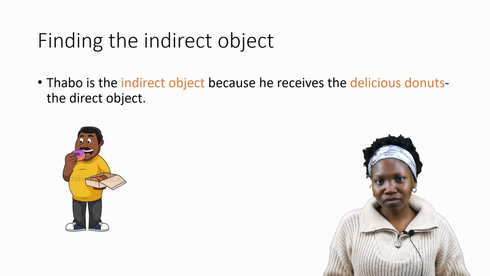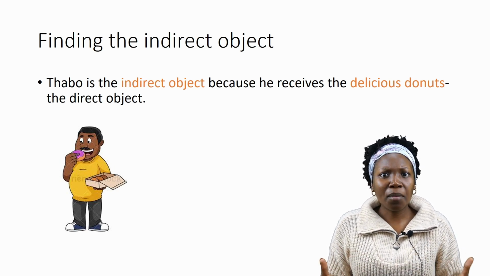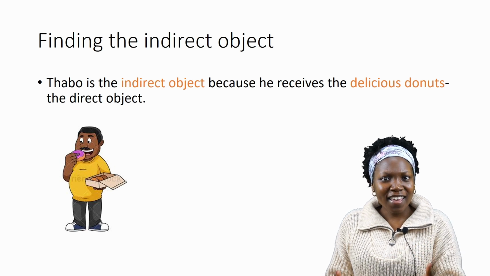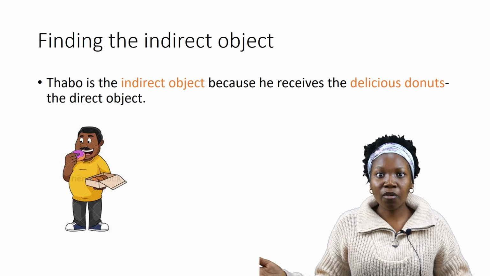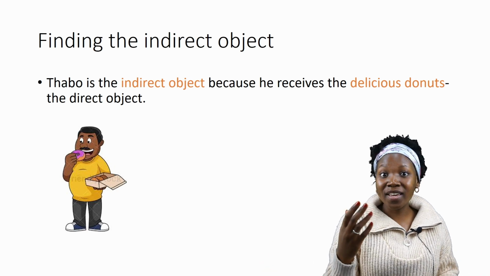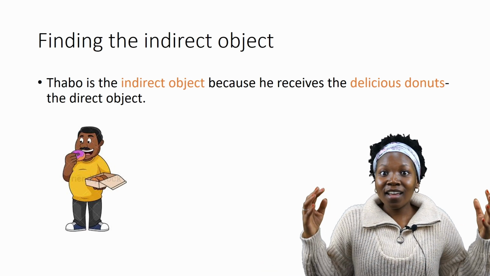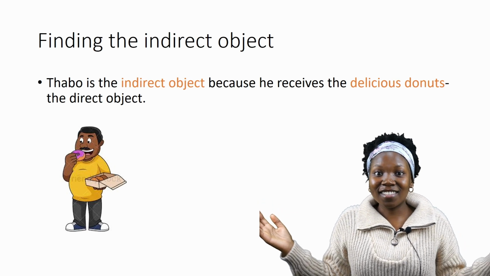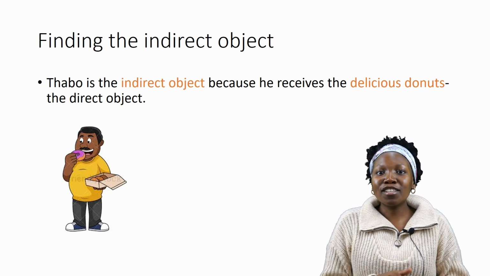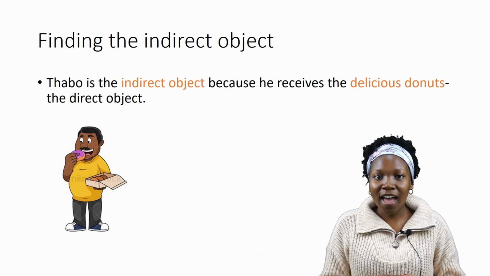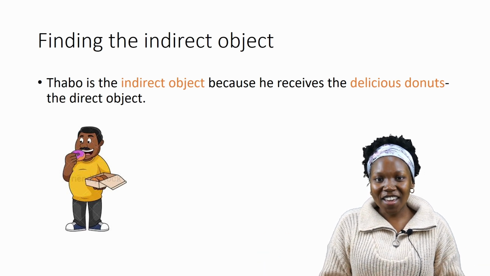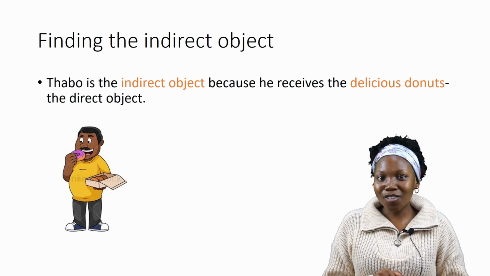Now, what did I write to the mayor? Yes, there is a verb there. It is wrote, right? But what did I write? It could be an email, it could be a letter, it could be... The list is endless, okay? But that thing is missing, and therefore the sentence that I just made an example of does not have a direct object.